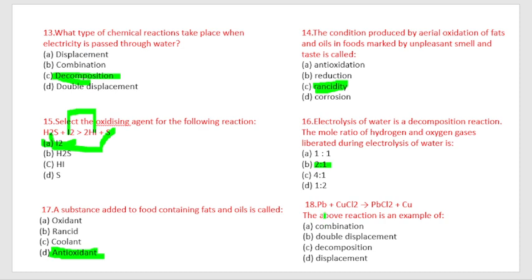Here instead, this lead will displace copper. Lead displaces copper means it will remove the copper from copper chloride, and it will sit at the place of copper, is it? That is called displacement. So here it is a displacement reaction in which lead displaces the copper. Okay.